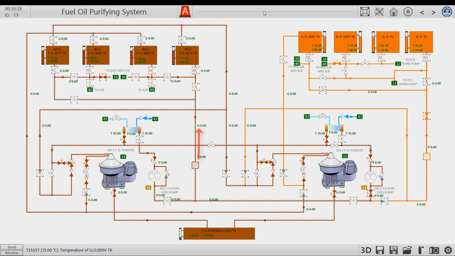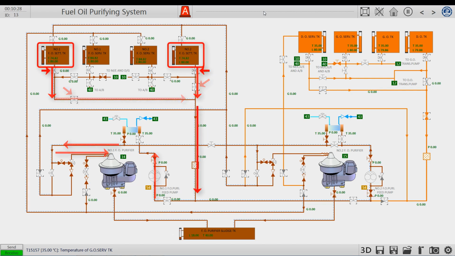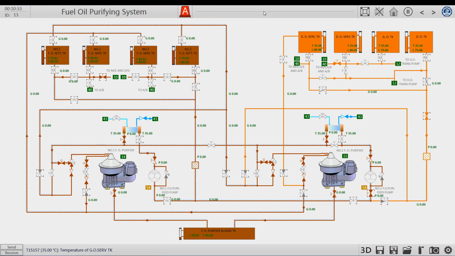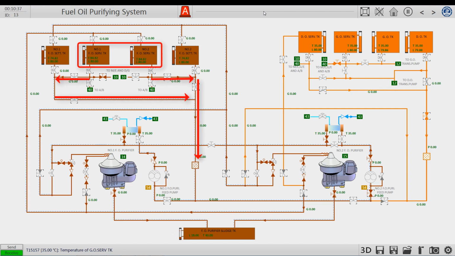The main source of the oil inlet line is the 2 settling tanks. By opening the corresponding valves, fuel oil in the settling tank is transported by the oil separator supply pump to the oil separator. In addition, the fuel oil in the service tanks passes through the corresponding valves and can also be fed into the oil separator.